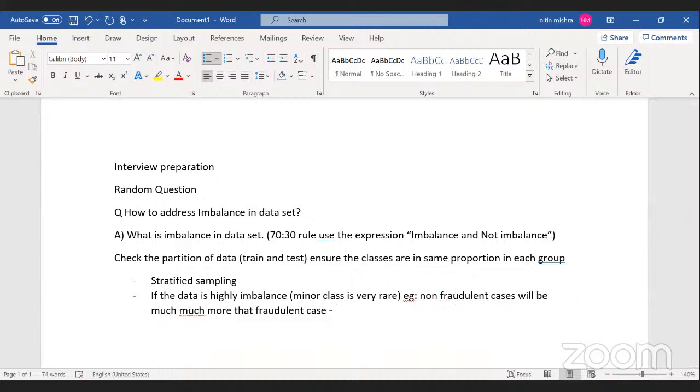So in certain scenarios we may want to try what is known as oversampling of minority class, undersampling of majority class, synthetic oversampling, etc.